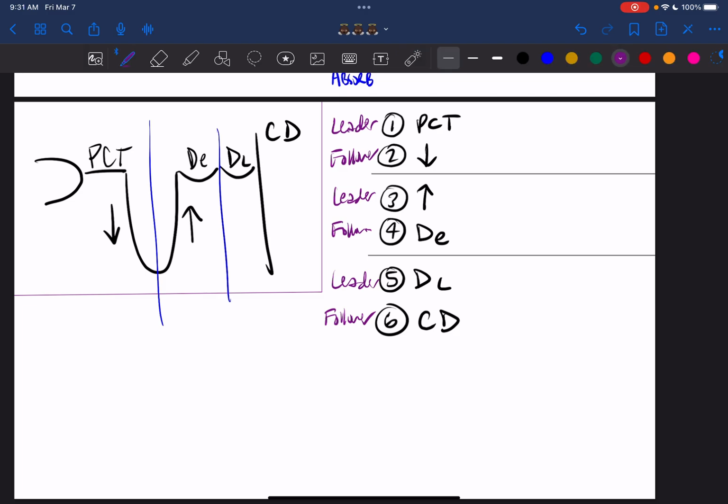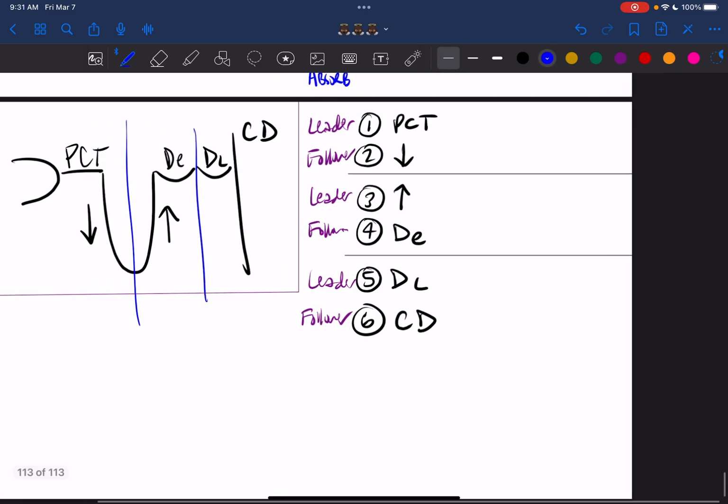When I say work, I mean moving solids, moving ions, as opposed to just moving water, which doesn't count. We're not counting that as work. So let me tell you what I mean. This pair, I'm going to say the relationships first. Leader versus follower. For the first pair, it's all versus nothing.